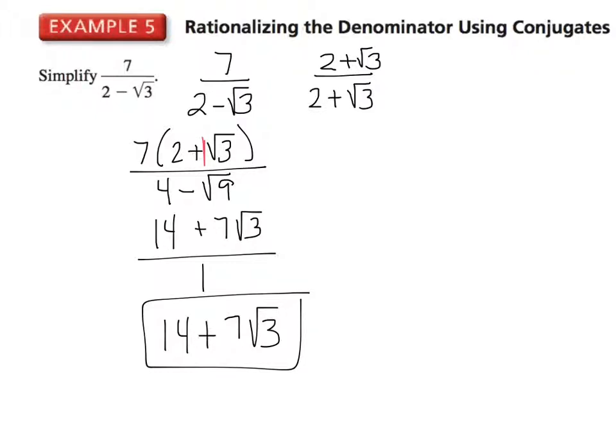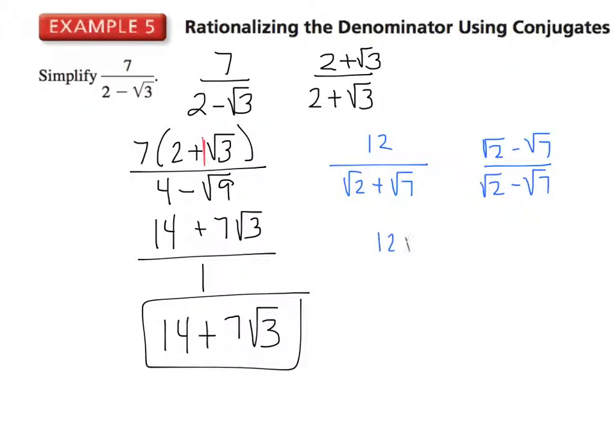Let's try another example. Let's do 12 divided by root 2 plus root 7. I would have to multiply the top and bottom by root 2 minus root 7. So I distribute the 12.